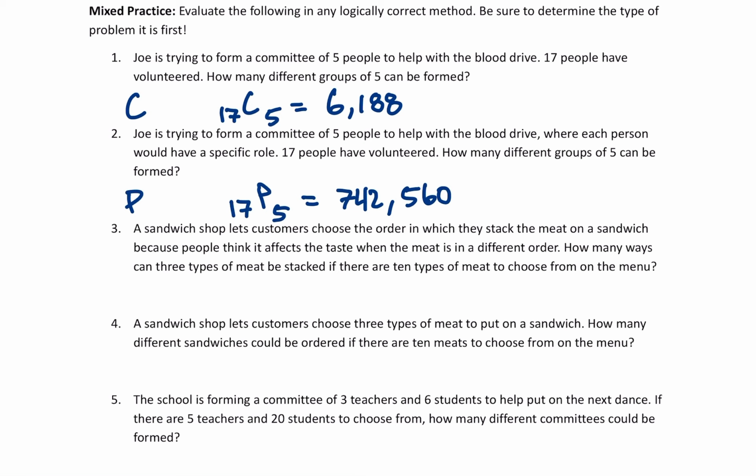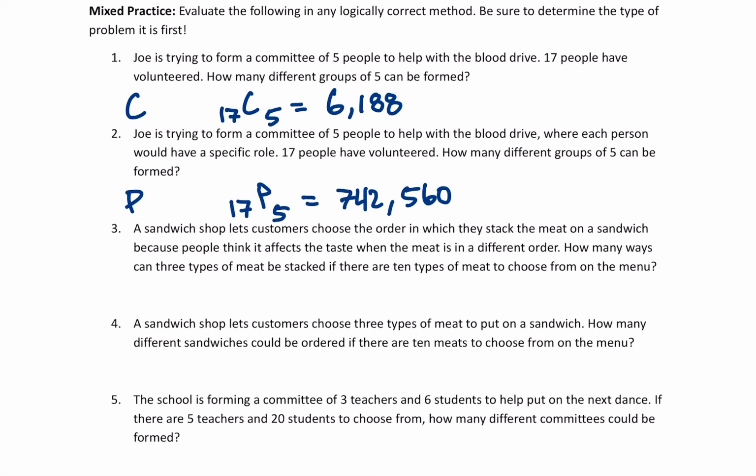Looking at number 3, a sandwich shop lets customers choose the order in which they stack the meat on a sandwich because people think it affects the taste when the meat is in a different order. How many ways can 3 types of meat be stacked if there are 10 types of meat to choose from? Okay, well, this one flat out says when the meat is in a different order. So order matters in this one.